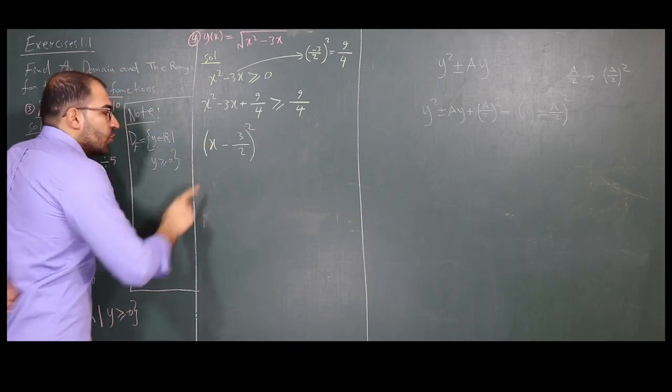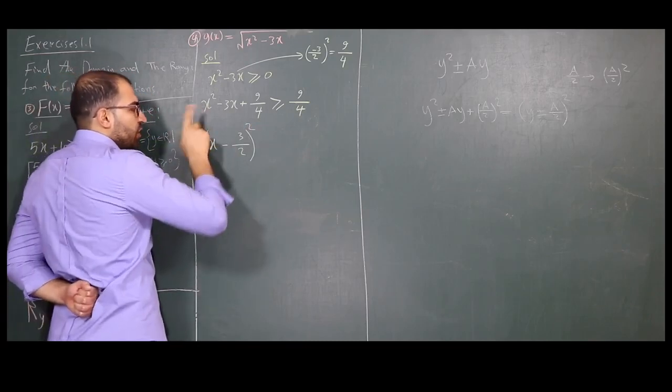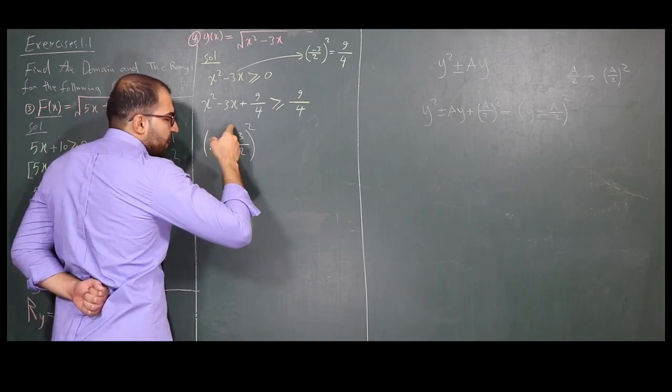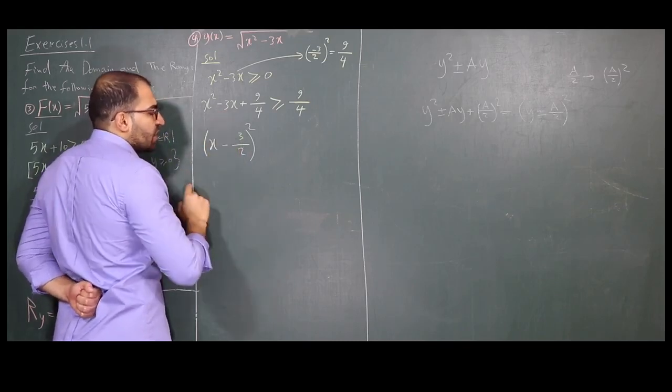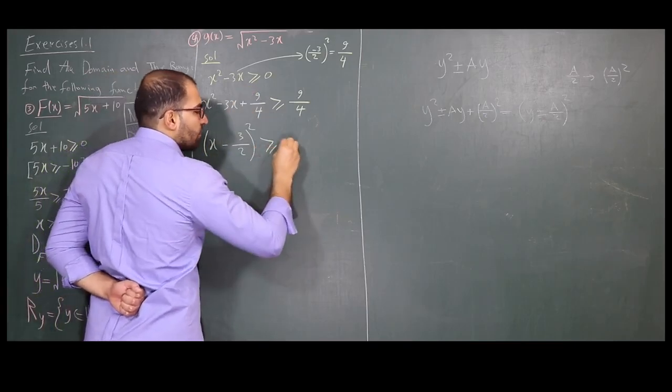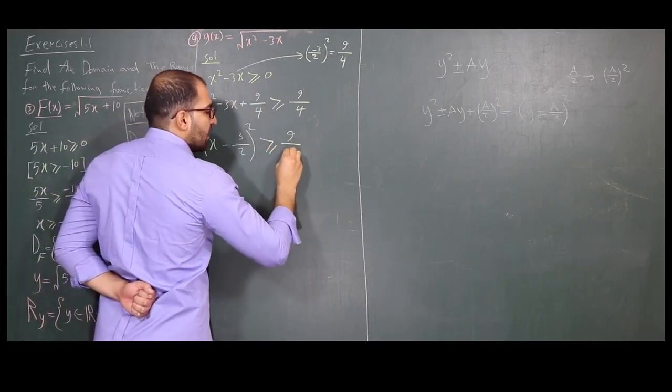If you want to make sure, square this one: x squared, 2 times x times 3 over 2 will be minus 3x, and this term squared will be 9 over 4. This is greater than or equal to 9 divided by 4.